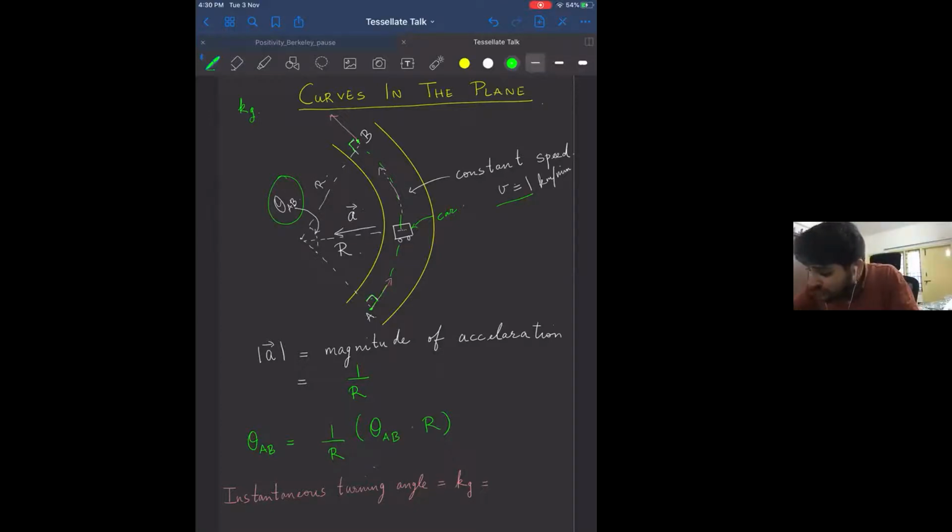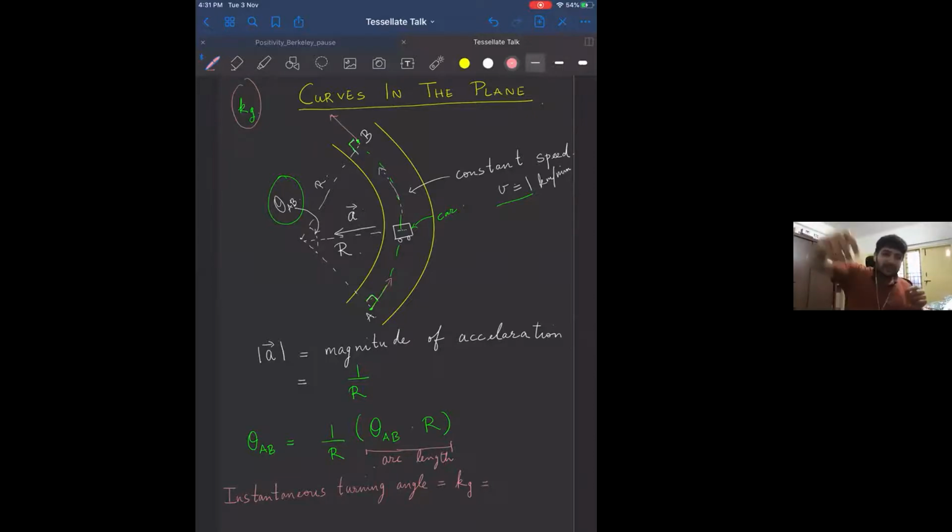But now if you notice, what is this term? This is precisely the arc length as you travel from the point A to point B, right? So remember, my kg was a measure of the instantaneous turning of the angle.